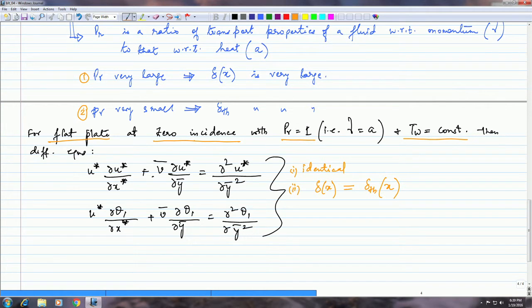Because what happens here is that it brings about a lot of simplification, severe simplification in the type of solutions and formulas that we can come up with, and therefore it's of a lot of interest.